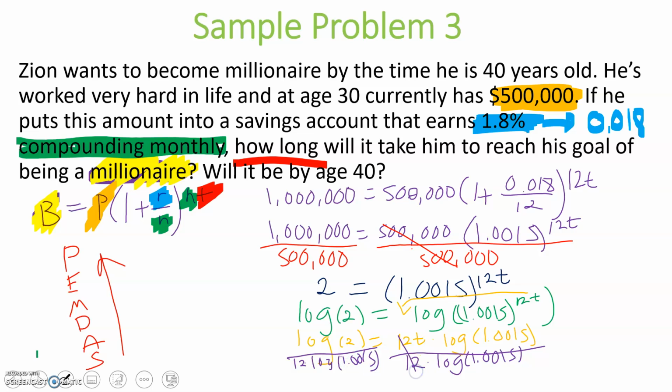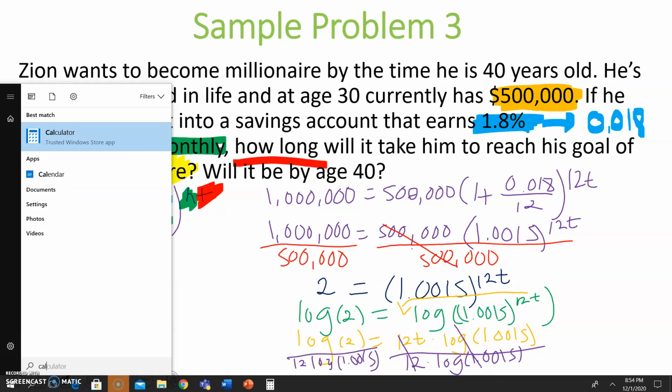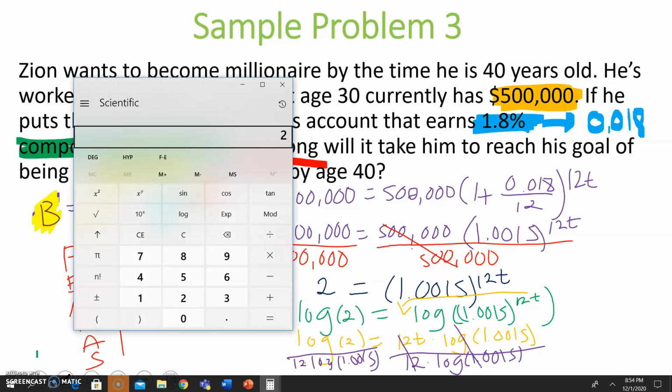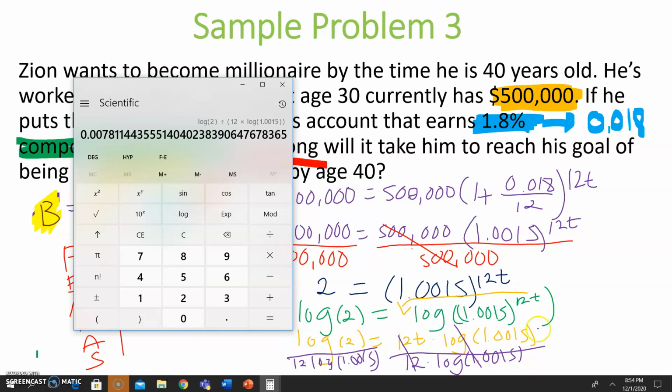On the right-hand side, the 12 and the log of 1.0015 cancel, and now we're going to use our calculator to figure out our value. So we have log of 2 divided by, in parentheses, 12 times the log of 1.0015. We'll look up here and make sure it looks how we intend, right?